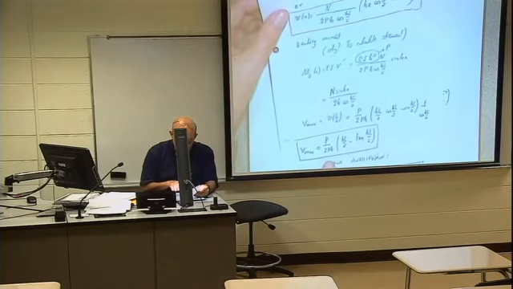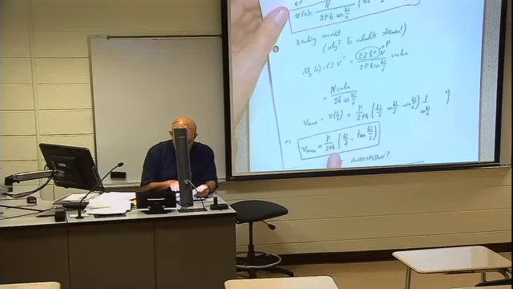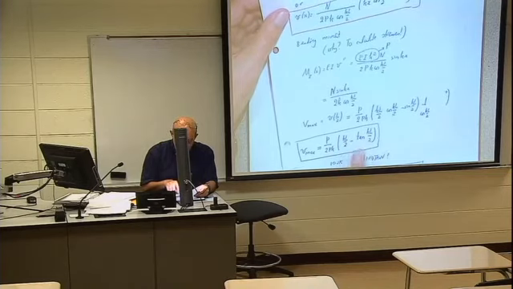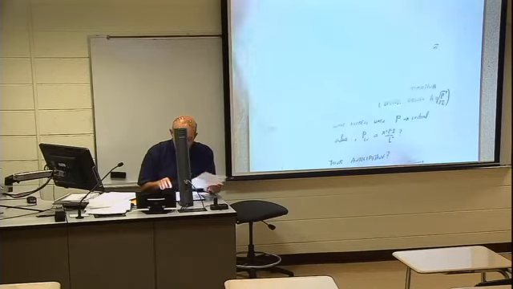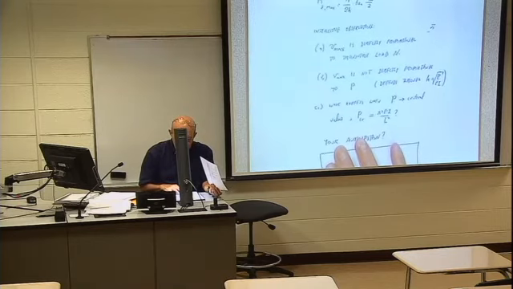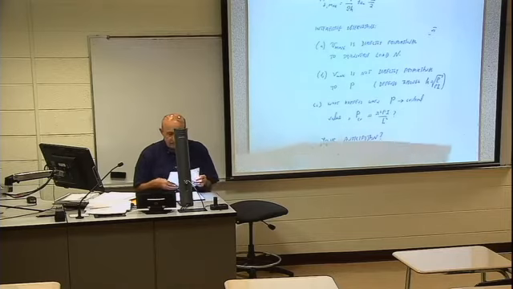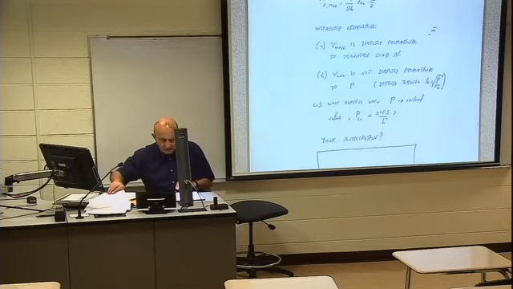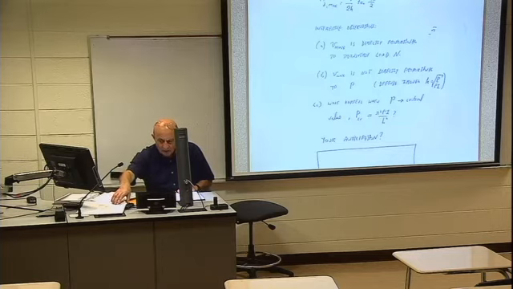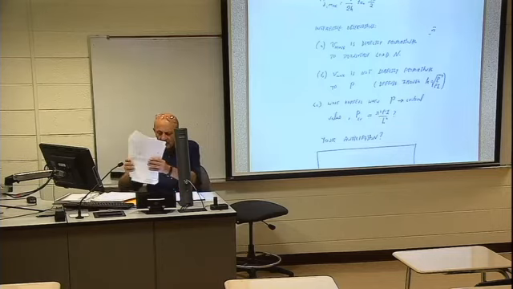Because there is k here, and k contains P, in the tangent, k contains P. It depends through k. What happens when P goes to the critical value? P critical equals pi squared EI over L squared. What is your anticipation? You are not here, but I'm still asking you this question because I would like you to ponder at home about this.